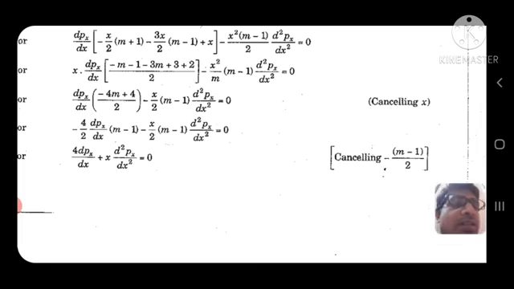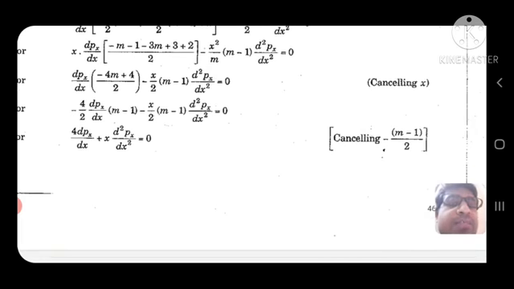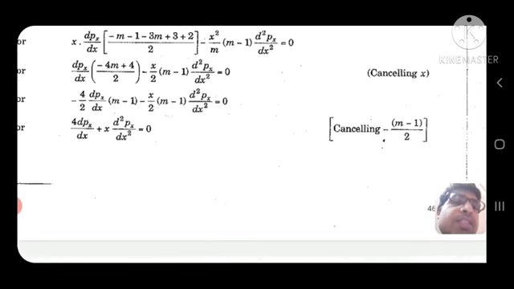So x dpx by dx minus (m minus 1 minus 3m plus 3 plus 2) by 2 minus x square by m (m minus 1) d square px by dx square equal to 0. Therefore, dpx by dx minus (4m plus 4) by 2 minus x by 2 (m minus 1) d square px by dx square equal to 0.